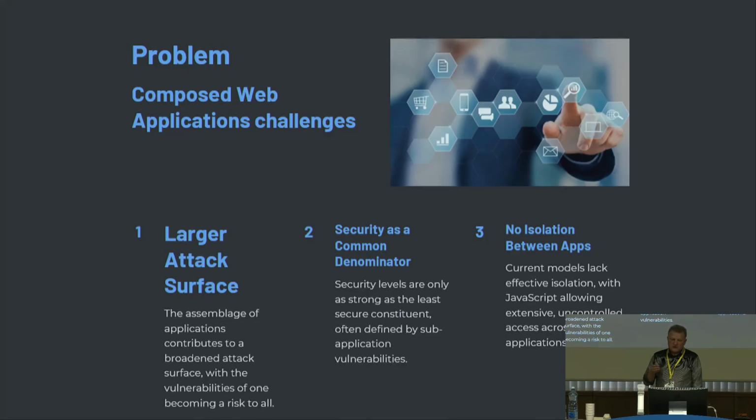The level is as strong as the least secure component in the stack. As of now, there is no insulation between applications. JavaScript allows extensive uncontrolled access across applications, APIs, and user data.